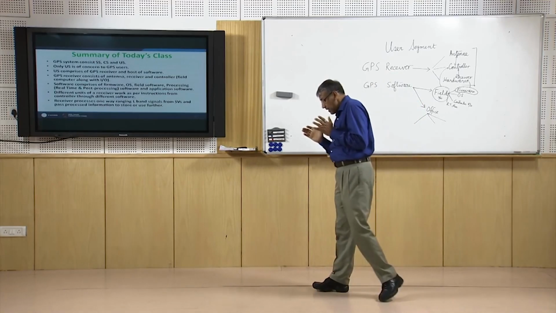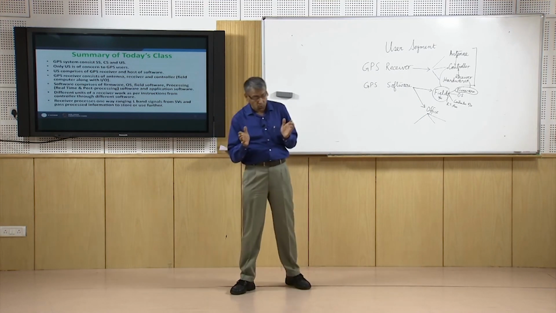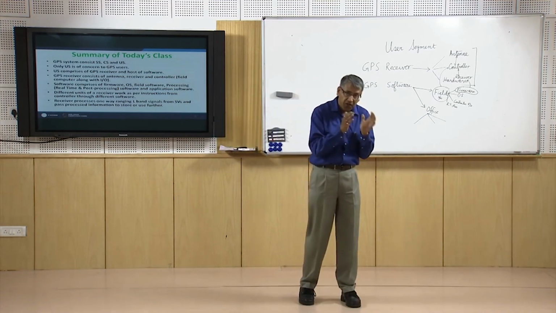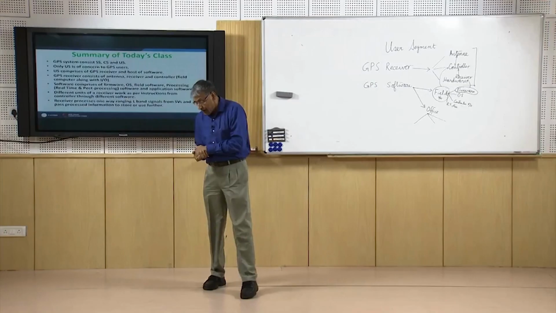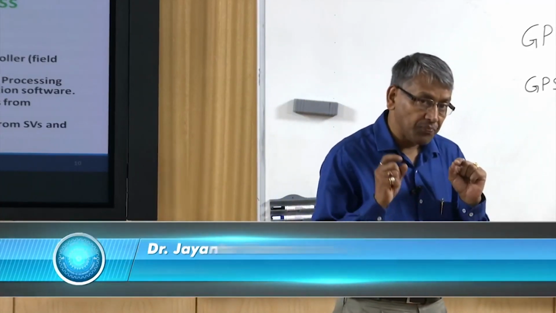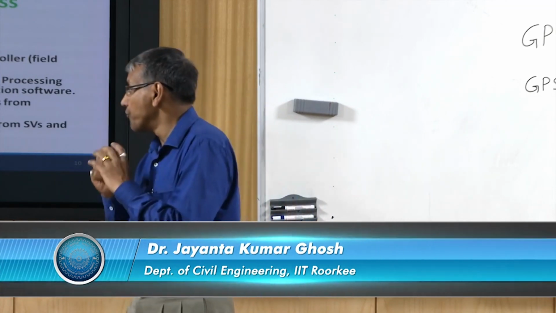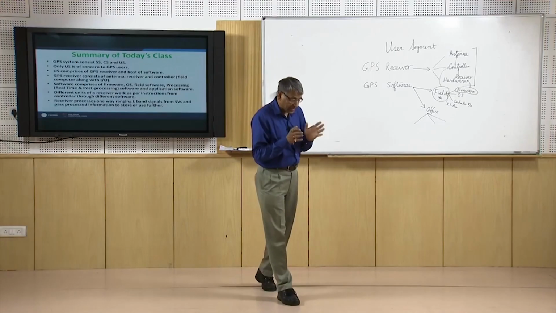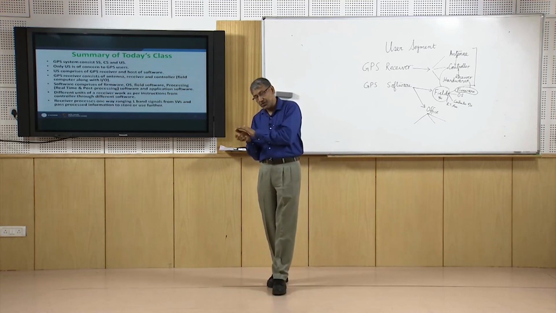The user segment primarily consists of two parts: one is the GPS receiver, another is the GPS software. The GPS receiver is composed of 3 electronic units: the antenna, the controller and the receiver hardware, of which the antenna gathers the GPS signal and transfers it to the GPS hardware receiver.